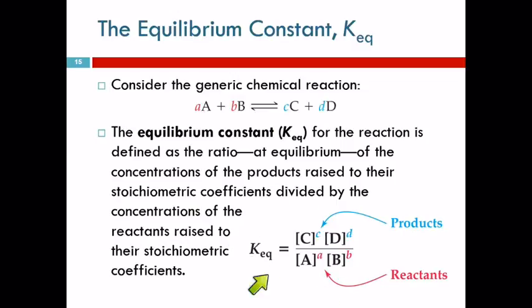So the equilibrium constant equals the concentration of C raised to the power of whatever its coefficient is. If it's a 1, that's to the first power. If this lowercase c is a 2, then this is squared. And that's multiplied by the other product, its concentration raised to a power equal to its coefficient.